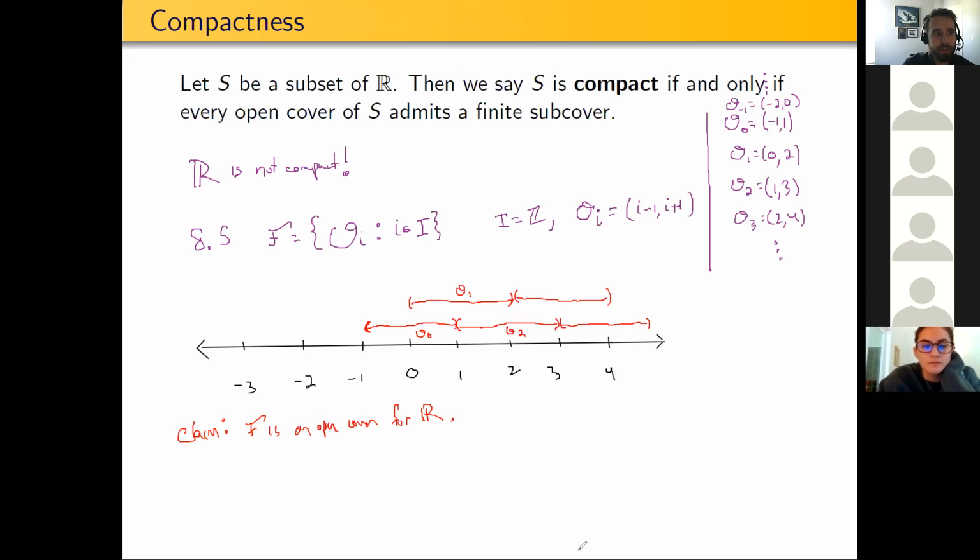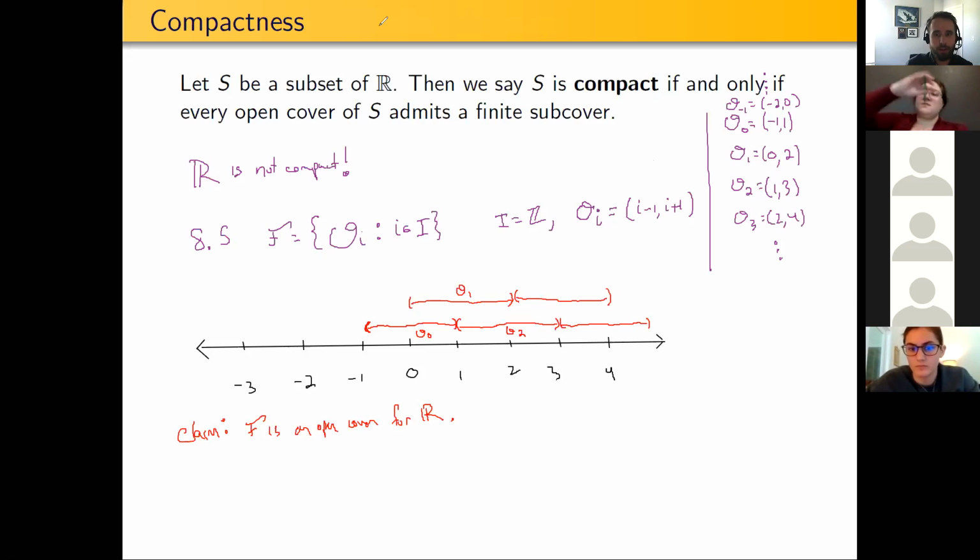So how could we check to see that this is true? How do we check that this actually forms a complete open cover for R? If it covers all of the elements in R. Yeah.